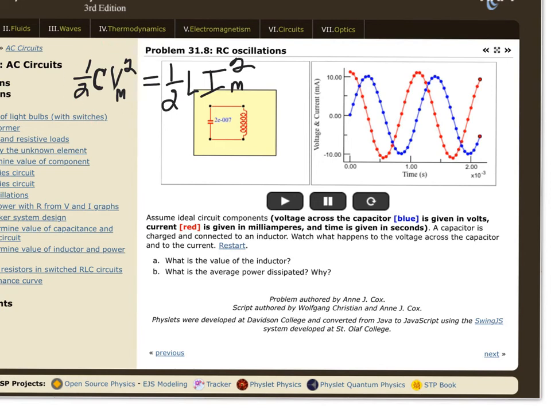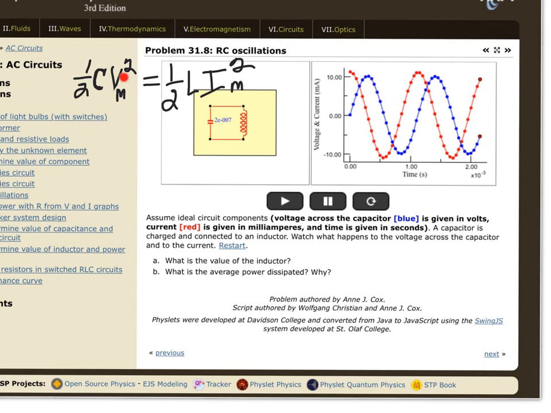That will be when the capacitor is fully charged and there's no current in the inductor. But if we go a quarter cycle to where the current is max and the voltage across the capacitor is 0, then all the energy is in the inductor. And by conservation of energy, the energy when it's totally on the inductor has to be equal to the energy when it's totally on the capacitor.